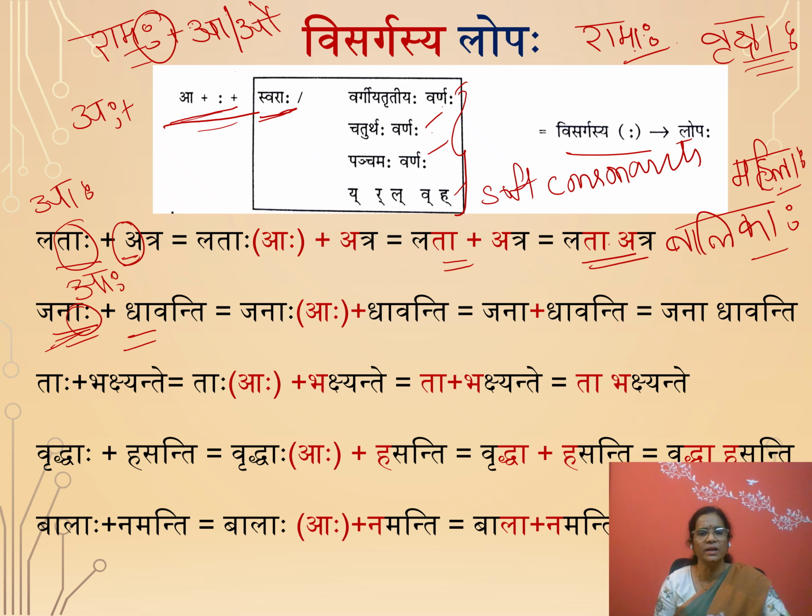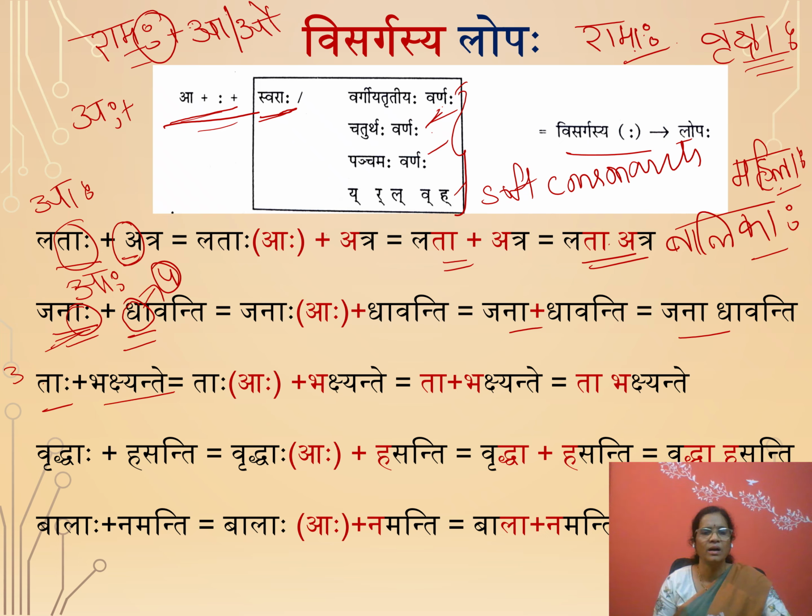And the second word, Dhavanti, started with Dha. This Dha is Tavarga's fourth letter, right? That means it's a soft consonant. Then we have to drop the Visarga: Jana Dhavanti. What did you get by adding? Jana Dhavanti.